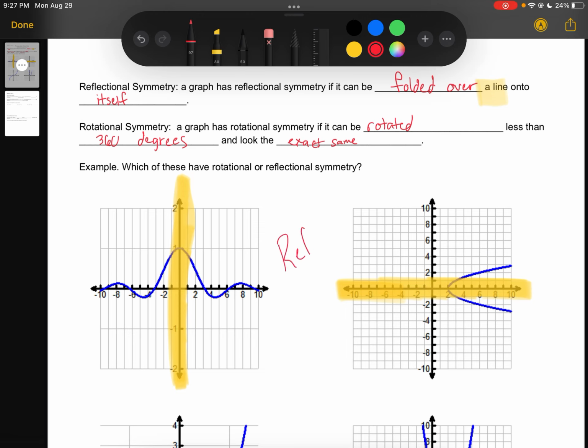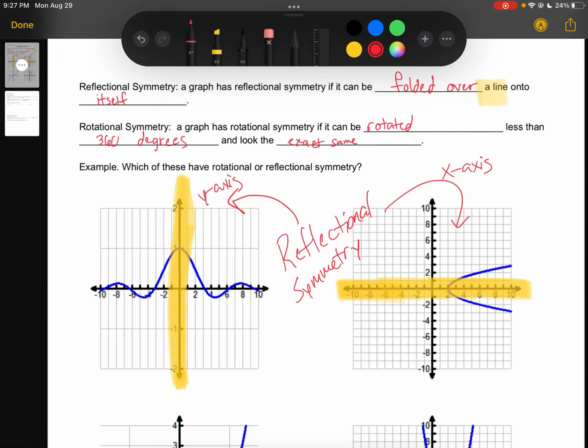So both 1 and 2 show us reflectional symmetry, and they show us in different ways. So this is reflectional symmetry on the y-axis. This is reflectional symmetry on the x-axis. And you can guess, yes, if it is, in fact, any line that it can be folded over onto itself, then you are going to see it not just on an axis, but on different points throughout.